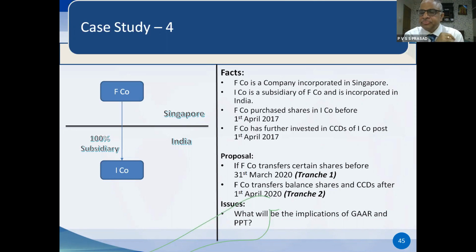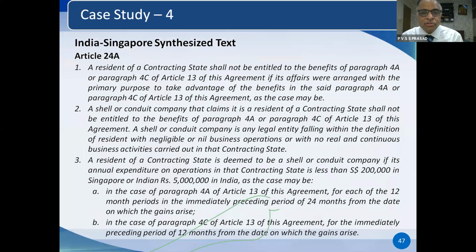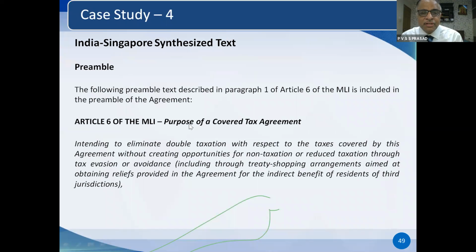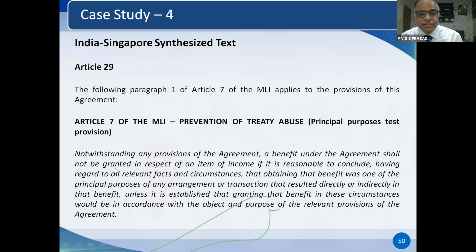And then the MLI principal purpose test article talks about, notwithstanding any provision, if it is reasonable to conclude that obtaining the benefit was one of the principal purposes, the principal purpose test would be applied. But it has given an exception stating that granting that benefit in these circumstances would be in accordance with the object and purpose of the relevant provisions of the agreement.